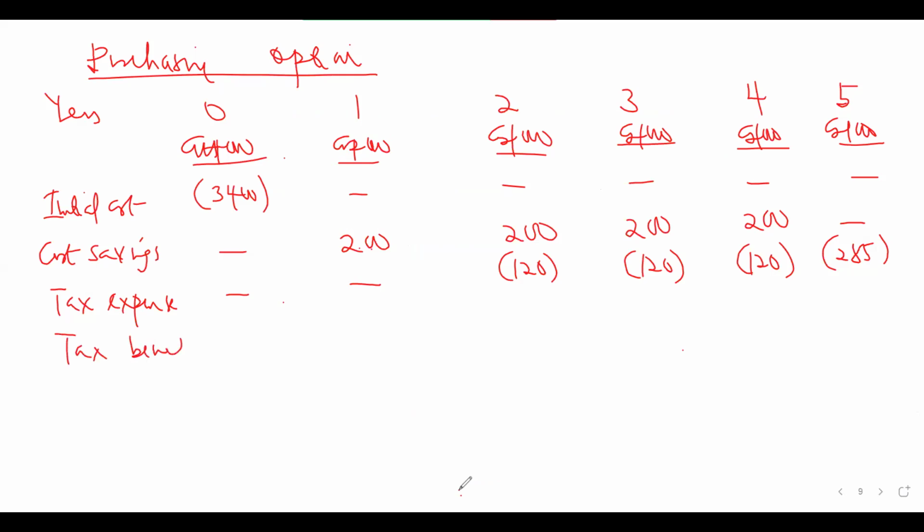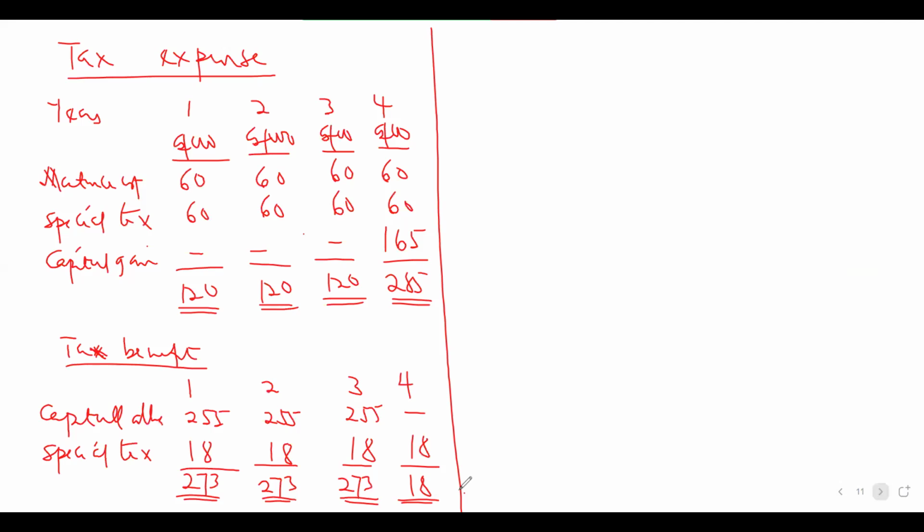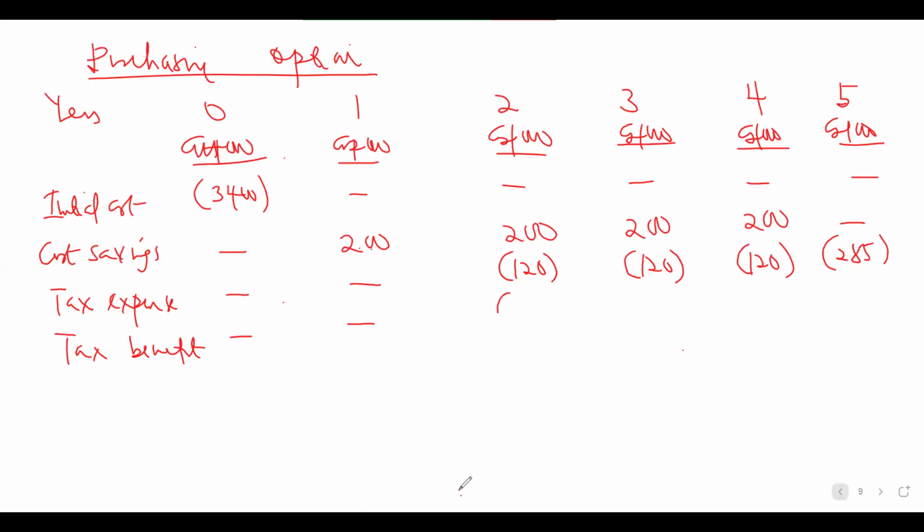Let's come to the tax benefits. The tax benefit will be claimed in the same manner that the tax is being paid. So 273, 273, 273, and 18.